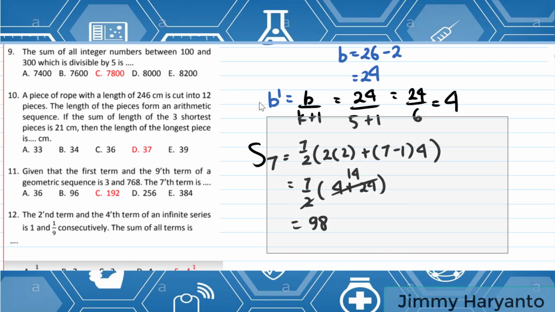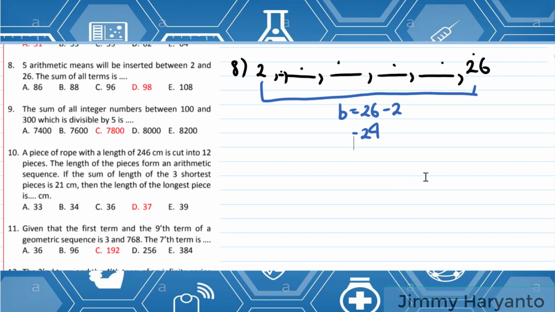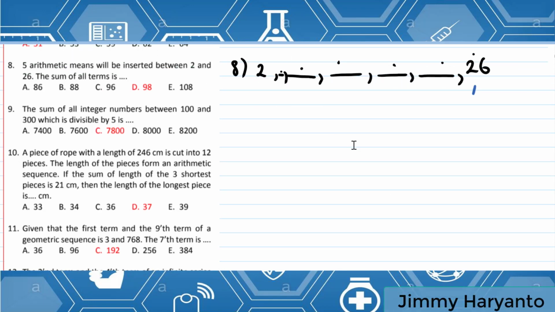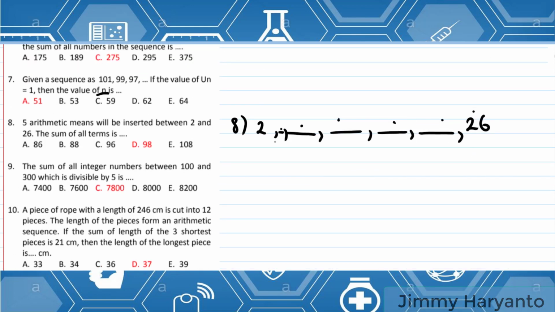Okay, I have another method for this one. We don't have to find the b, because b is not needed if you use this formula: Sn equals n over 2 in the bracket A plus un.